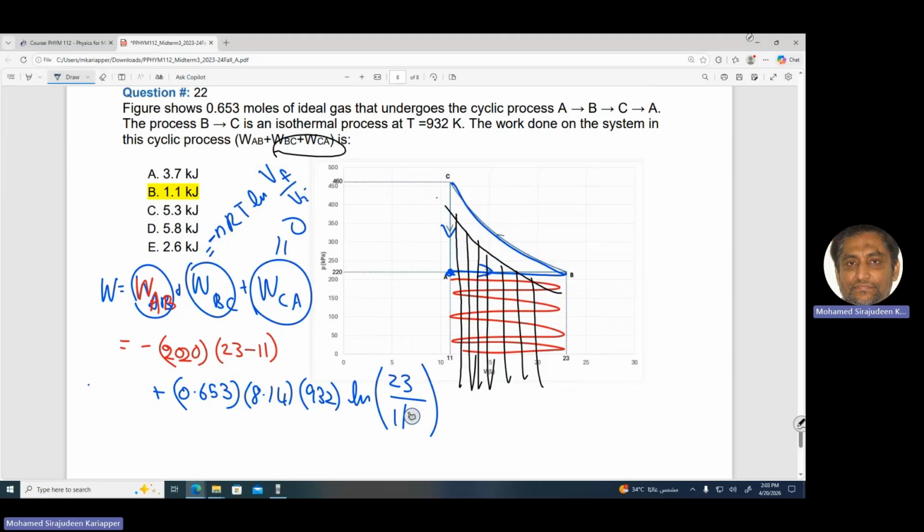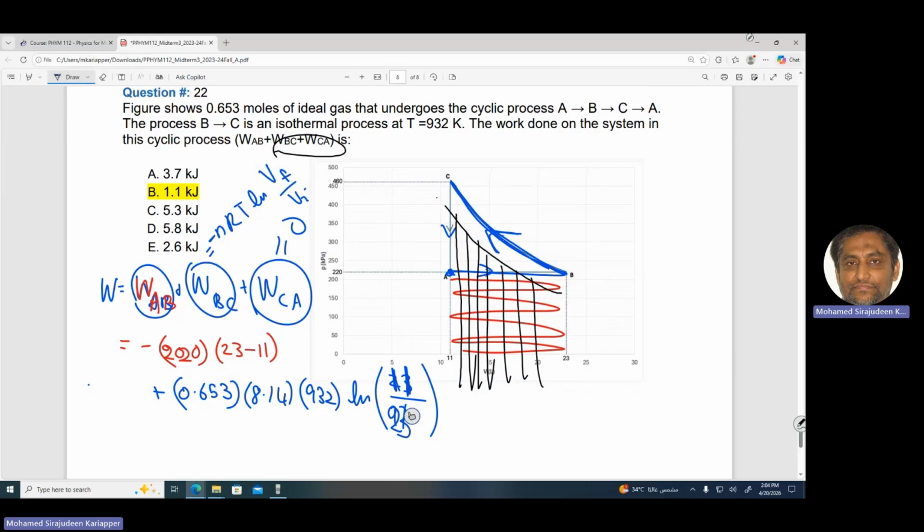Final volume is, because you are going in this direction from B to C, final volume is 11. And see, there are so many things you may miss. That's why you have to be very alert. You are going from B to C, right? So the final volume is 11. That is a matter of change in the sign here.